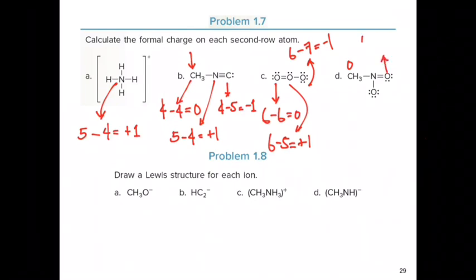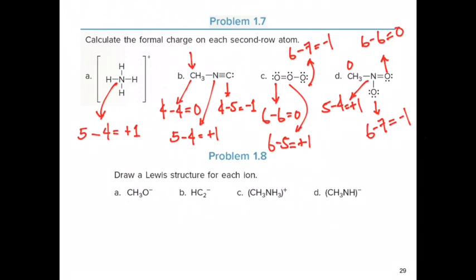We have 6 valence electrons minus 6 electrons owned, which is equivalent to 0. This oxygen right here has 6 valence electrons minus 7 electrons owned. That's minus 1. And finally, this nitrogen right here has 5 valence electrons minus 4 electrons owned, which gives it a positive 1 charge.